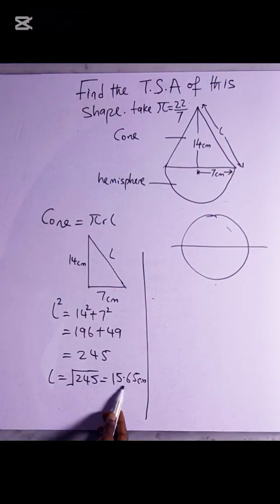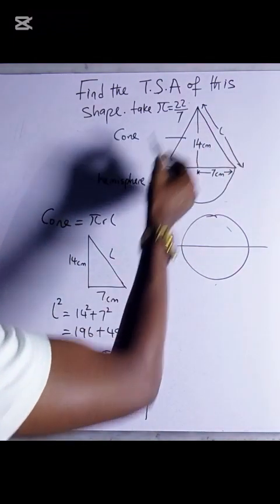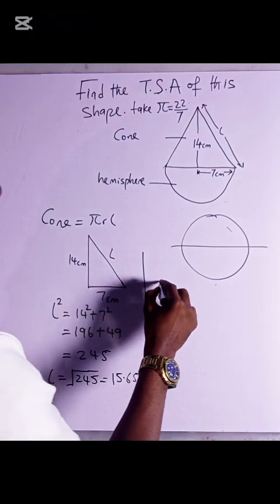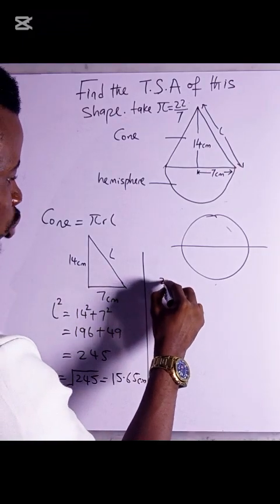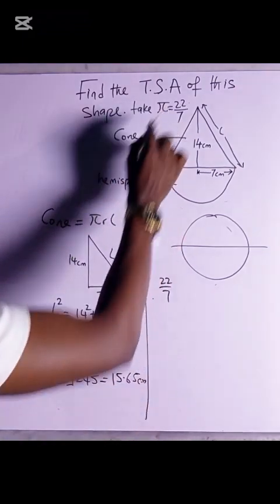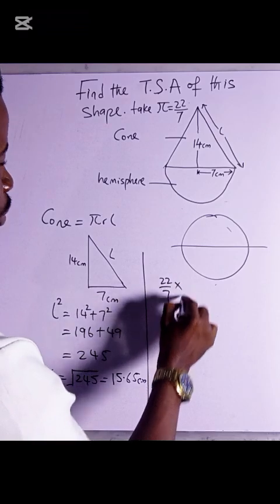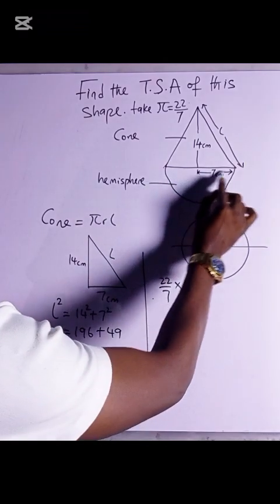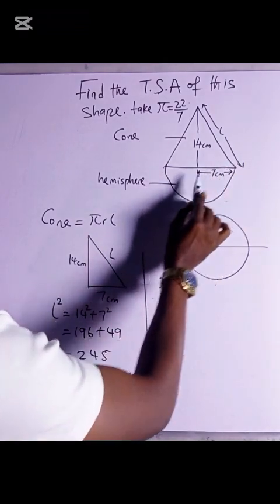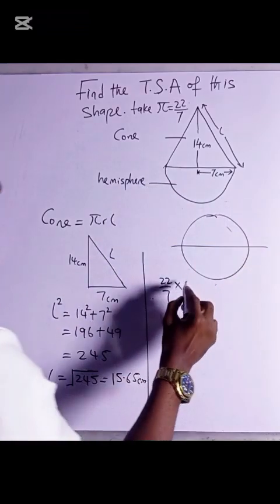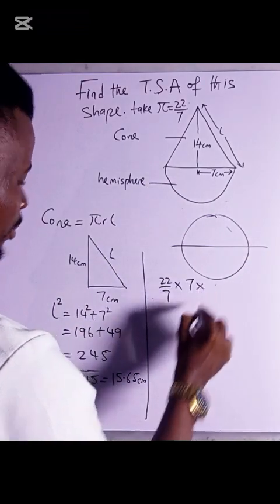Now we can now impute our values for the surface area of the cone. So now the surface area becomes what? Pi, which is 22/7, because we have been told to use pi, times what? Our R is the radius of the cone, which is the same as the radius of the hemisphere, which is 7, times what?